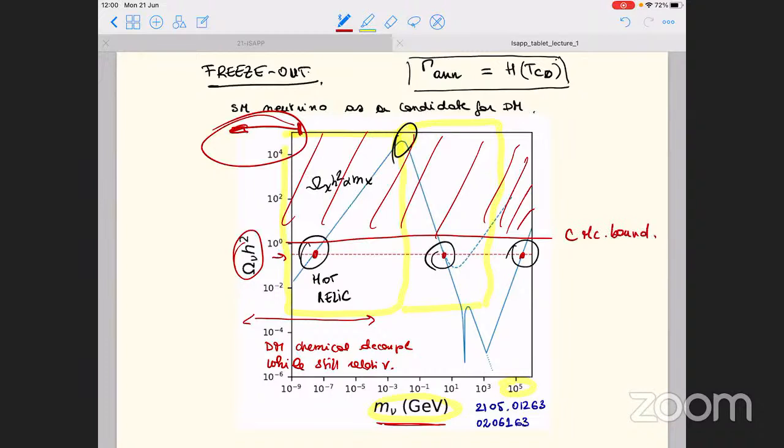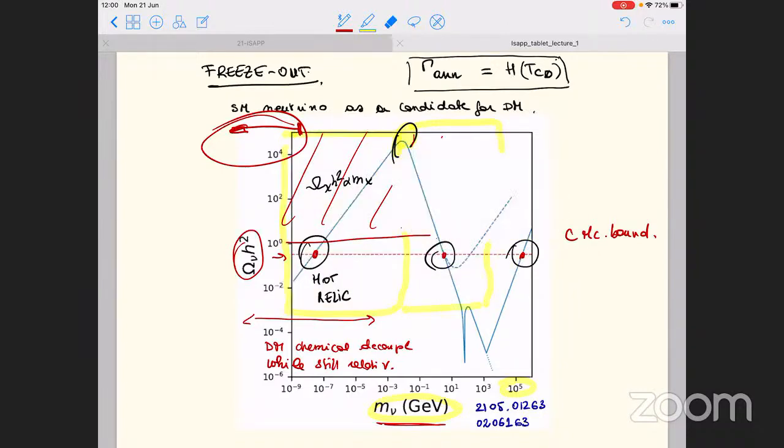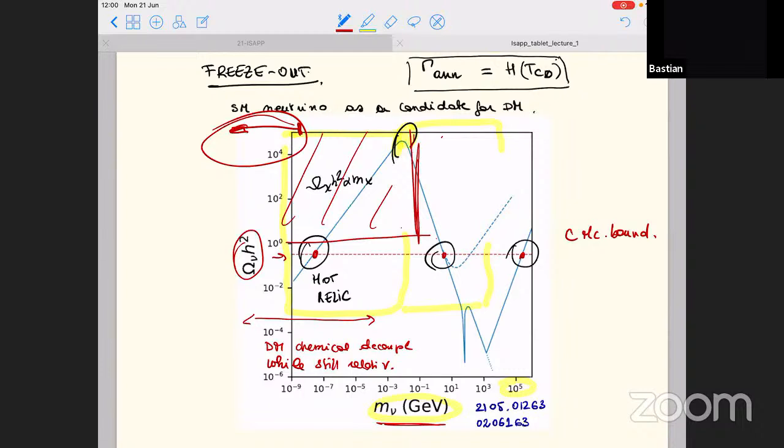Everything above is essentially overclosing your universe, so you don't want to go there. And probably I should only draw it in the region where it makes sense to consider it, where my particle is still relativistic at the time of decoupling. Okay? Does this make sense?